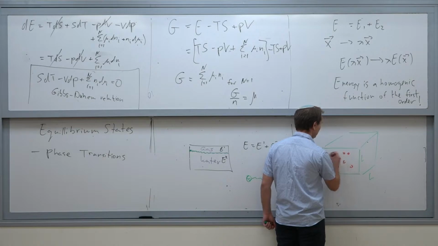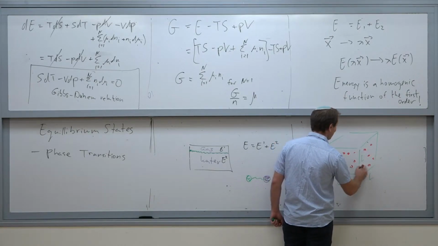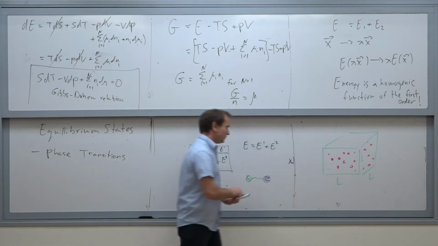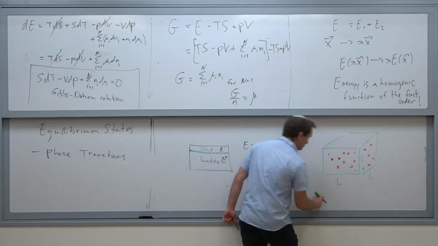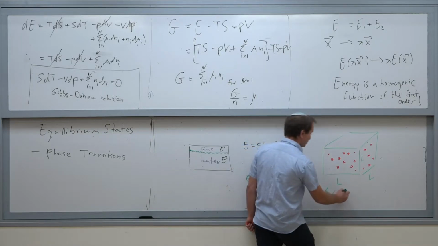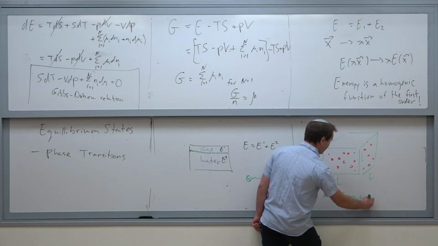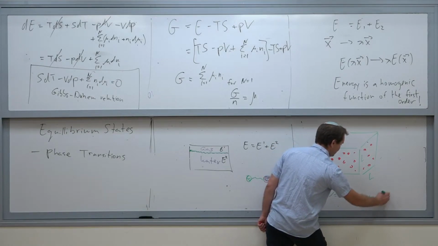A lot of different particles inside, and the total energy is proportional to the number of particles. What is the number of particles? The number of particles is the concentration multiplied by volume.